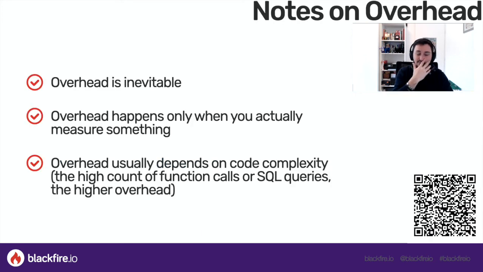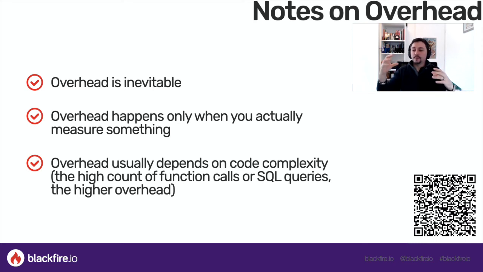A final note on overhead, because this is a question that we get very often. As soon as you start using a measurement tool on production, there is a matter of overhead. It's inevitable. If you have some code that runs for your application and you run another piece of code that is going to analyze your application at the same time, obviously you are using server resources at the same time.